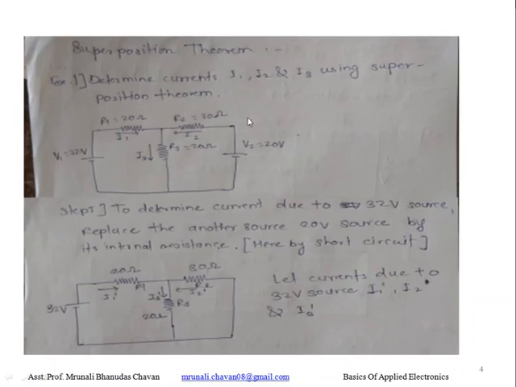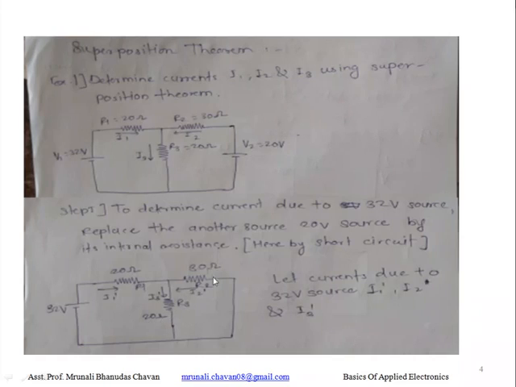So here voltage source is considered as ideal voltage source, so we will short circuit this branch and we will redraw the circuit like this. To find out the currents through R1, R2 and R3 due to 32 volt source, we will name it as I1 dash, I2 dash and I3 dash. Now this circuit is well known to all of you, as we saw this circuit in the Norton's theorem.